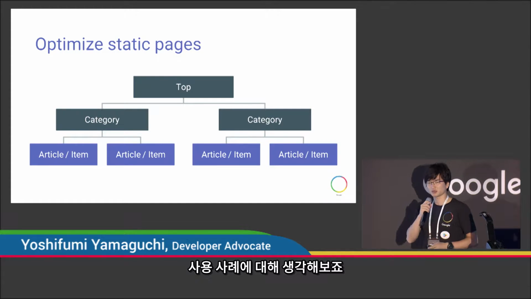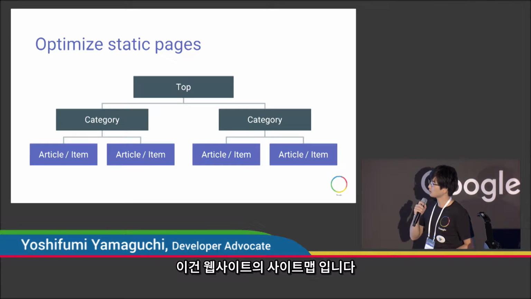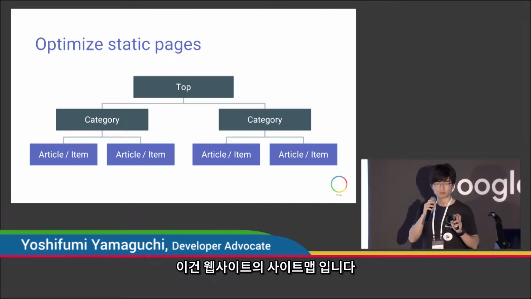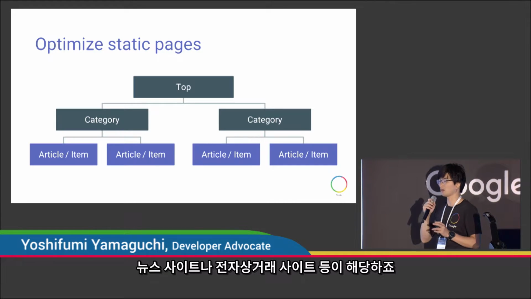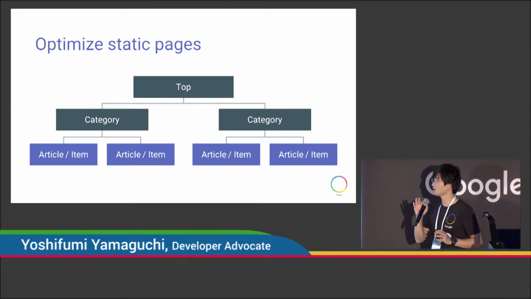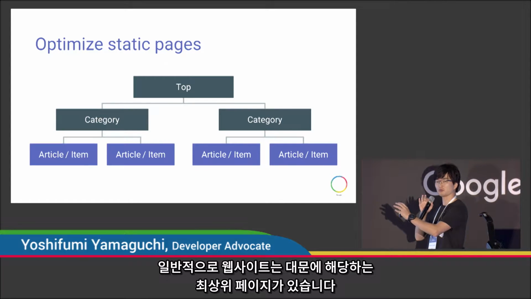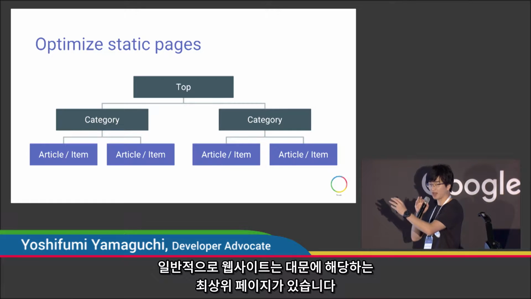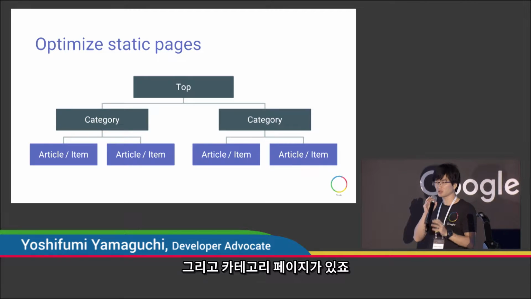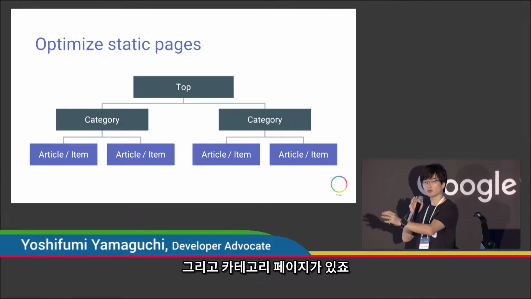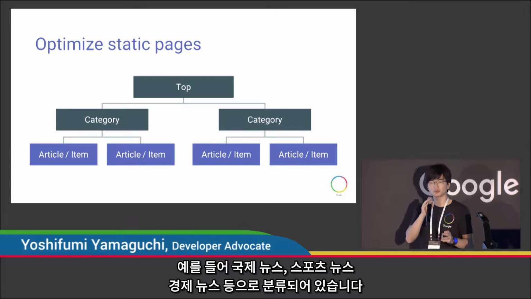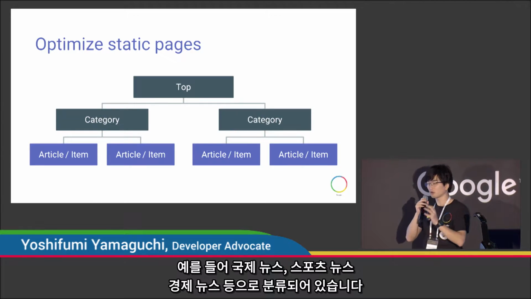So let's think about the use cases. This is the sitemap of some website, such as a news site or e-commerce site or any other. Websites usually have the top page, the entry page. Then a news site may have category pages like international news, sports news, or economics news.